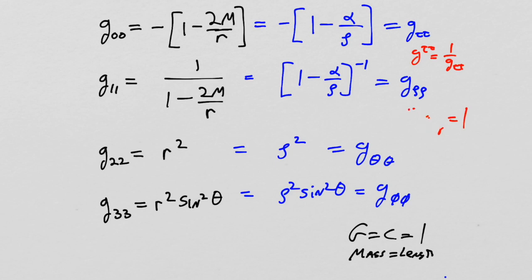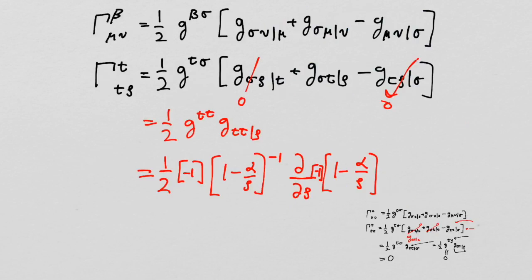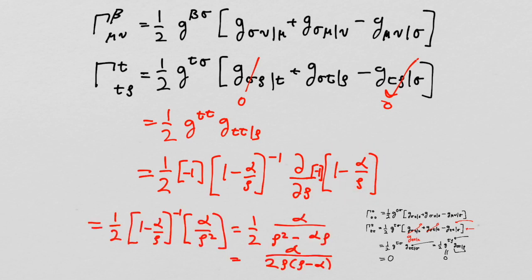So let me erase this. This term here is the reciprocal of that guy, and now I need to take the ρ derivative of g_tt. And this is that calculation. Taking this derivative gives you α over ρ squared, right? The negative sign cancels that.